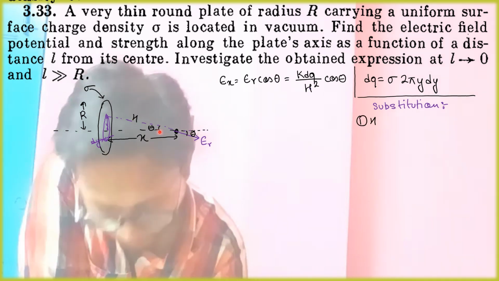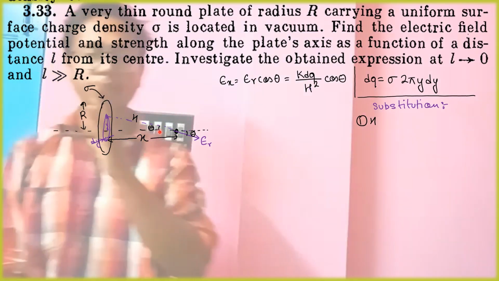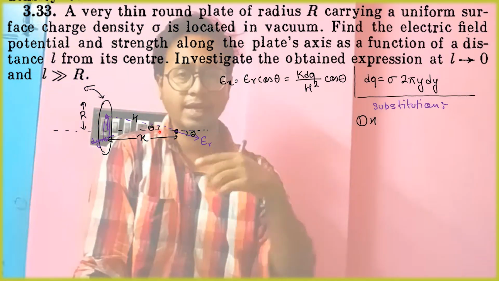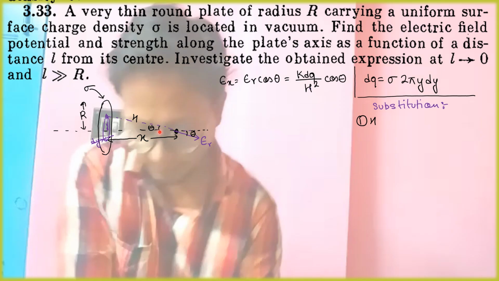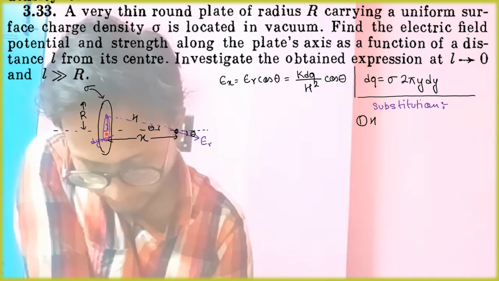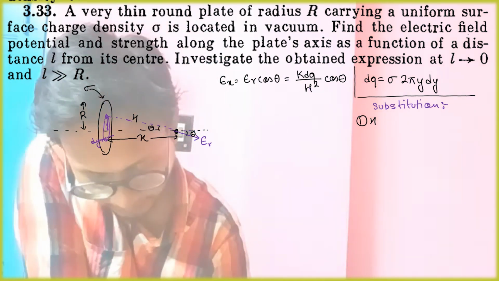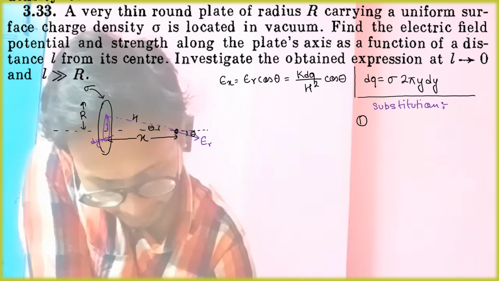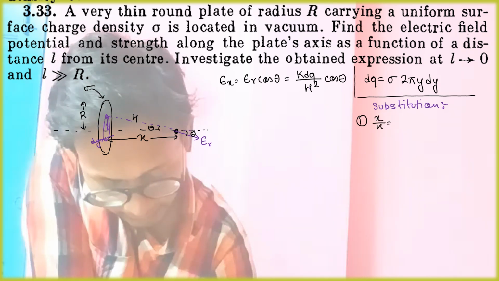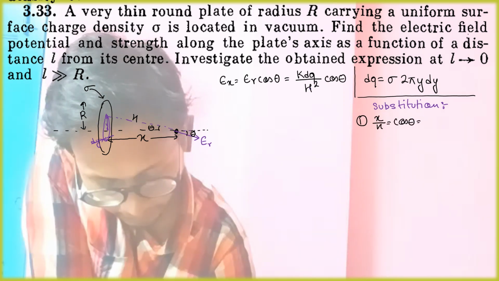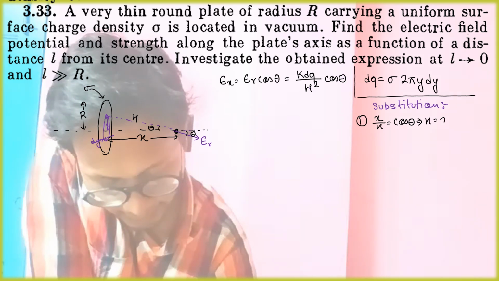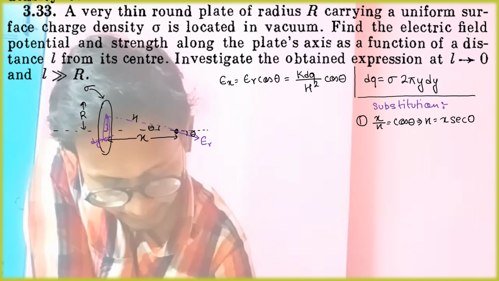You have to convert all the hypotenuse terms and perpendicular terms in terms of x and angle theta. So can I say cos theta is equals to x by h? So cos theta is equals to x by h, or h is equals to x into sec theta.